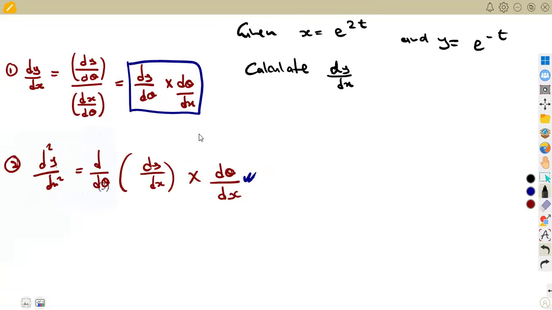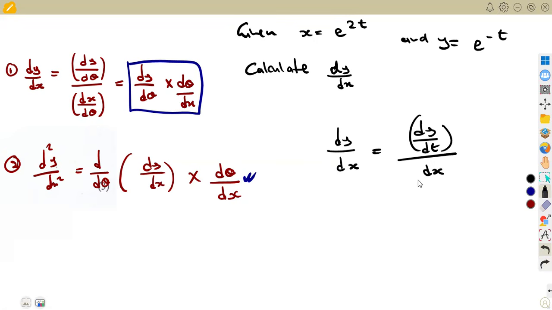So like I said here, in order for you to have the derivative of y with respect to x, you're going to need this formula. If this is in terms of theta, but this is in terms of t, then from this calculation, the derivative of y with respect to x is going to be the derivative of y with respect to t divided by the derivative of x with respect to t.